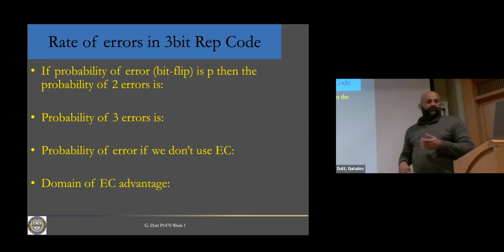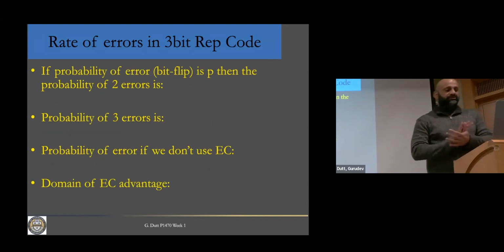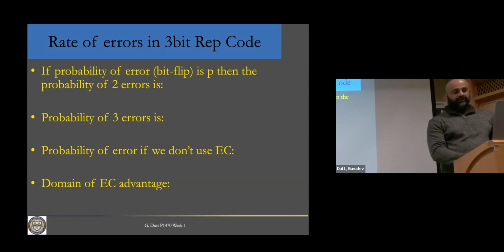So if the probability of a bit flip error is P, then what's the probability of 3 errors? I can have an error in all 3 bits, right? So there's a probability of error in the first most significant bit, a probability of error in the second most significant, and the probability of error in the third most significant. What's the probability of 3 errors?